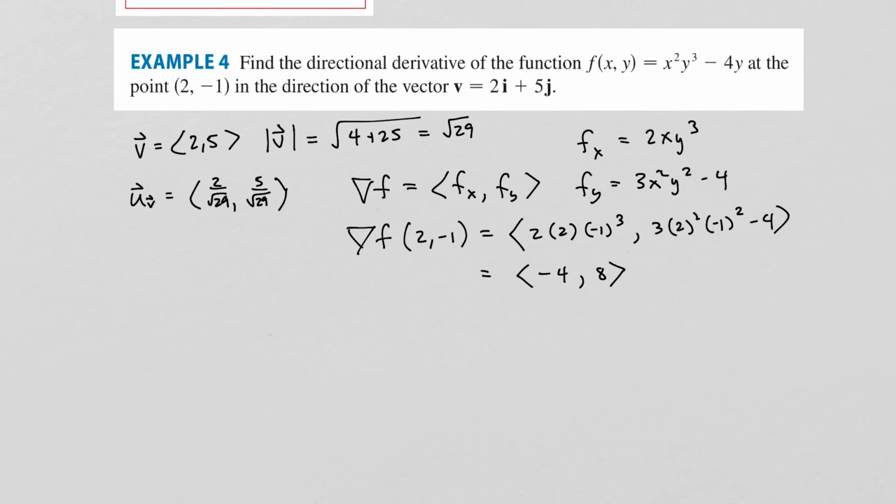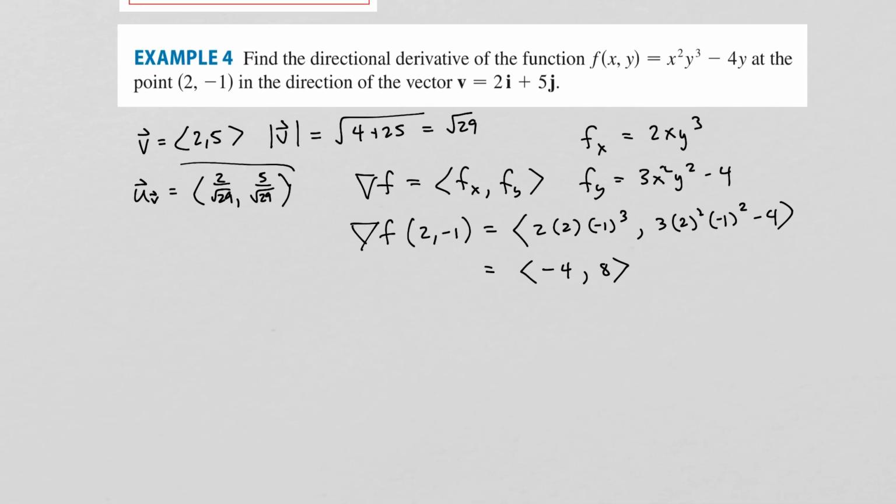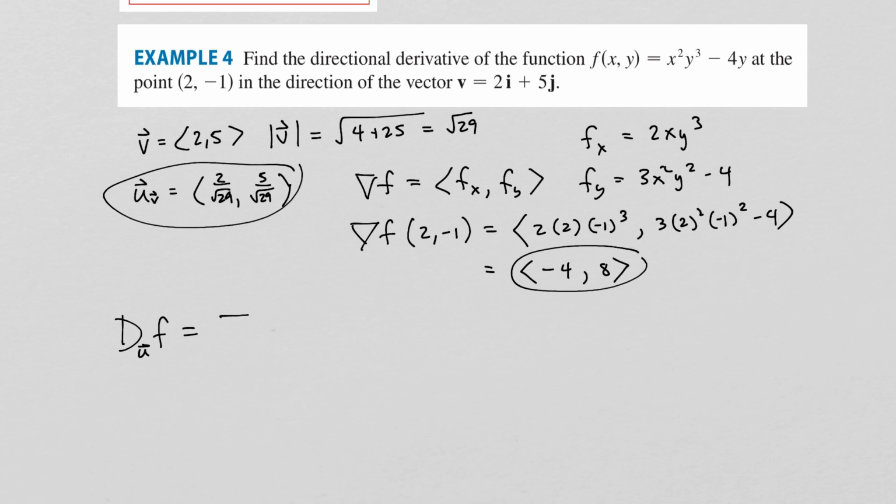So now that I have the gradient and the vector here, all I need to do is find the dot product. So the directional derivative of the function f in the same direction as u at the point (2, -1) is simply going to be the gradient of f at (2, -1) dot product with u.